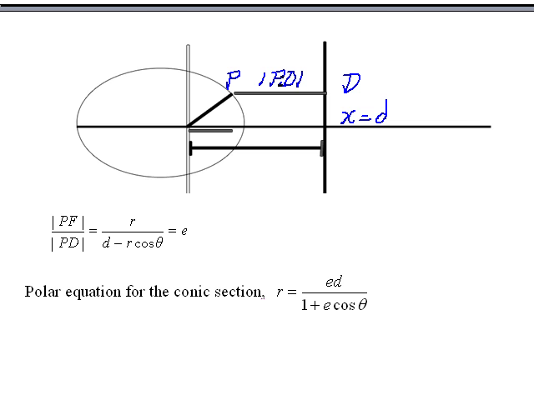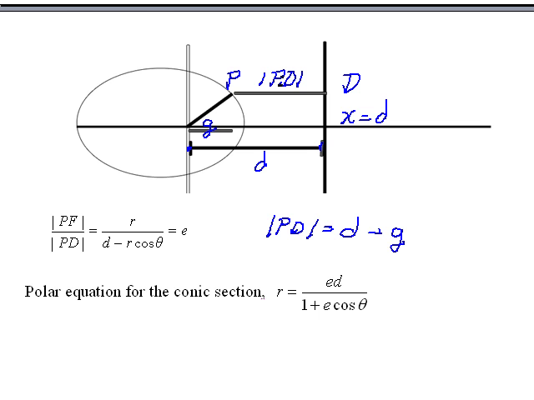So this distance from the y-axis over to the directrix is the distance d. So this distance from point to directrix equals d minus this little section here, which I'm just going to call g.